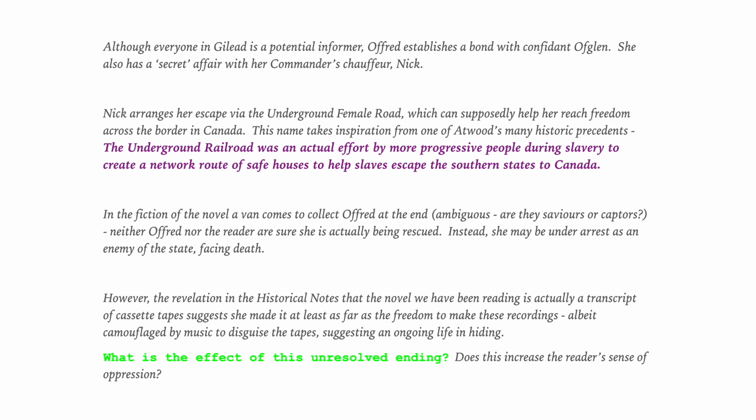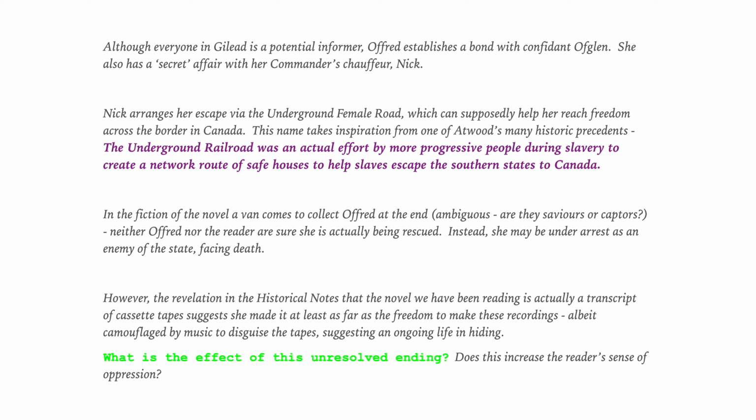Nick arranges her escape via the underground female road, which can supposedly help her reach freedom across the border in Canada. We get a little bit more information about this in the historical notes. That name is one of Atwood's facetious uses of historical precedents.